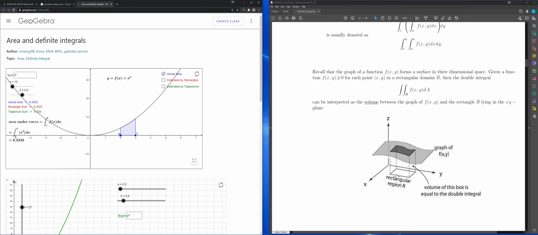Before I get into this, let me remind you about integration of a single variable, a normal definite integral. This is an example of an integral of a single variable.